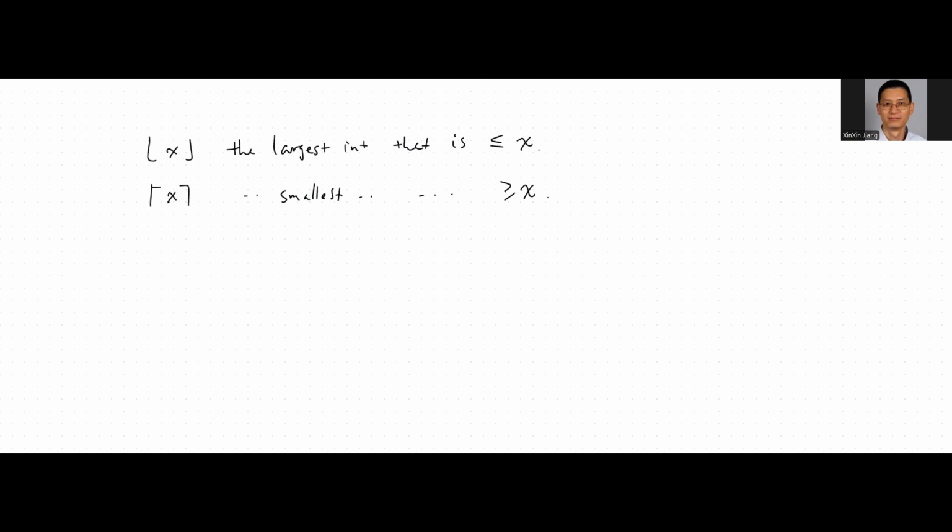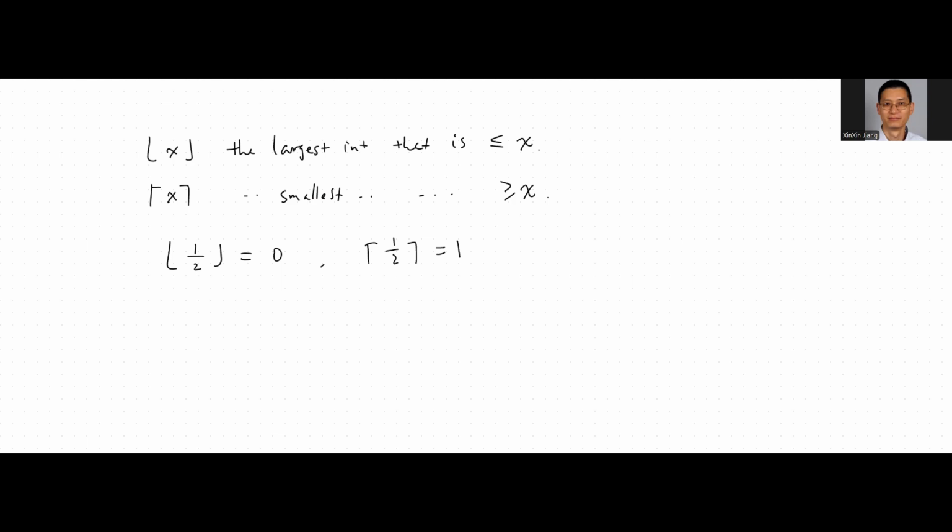So let's have a look at some examples. Say the floor of half. The largest integer that is less than or equal to half would be 0, because 1 is actually greater than half. And the ceiling is the smallest integer that is greater than or equal to x. That's 1.